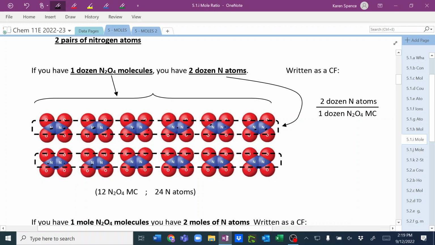This time I have 2 dozen N atoms for 1 dozen N2O4 molecules. So that 2-to-1 ratio just scales up when we go to a pair or when we go to a dozen. If I had a gross of N2O4 molecules, that's 144, okay? I would have 2 gross of N atoms.